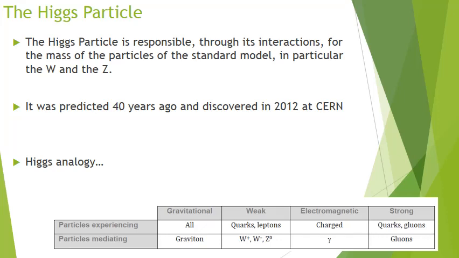And there's a really helpful analogy for this. It turns out in 2012, they did find it and they measured it. They were able to get it at the Large Hadron Collider. It was predicted within the standard model a long time ago, but they finally were able to discover it.